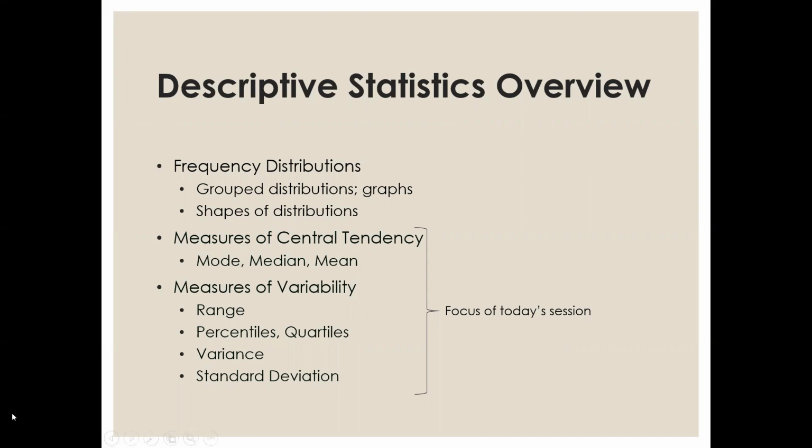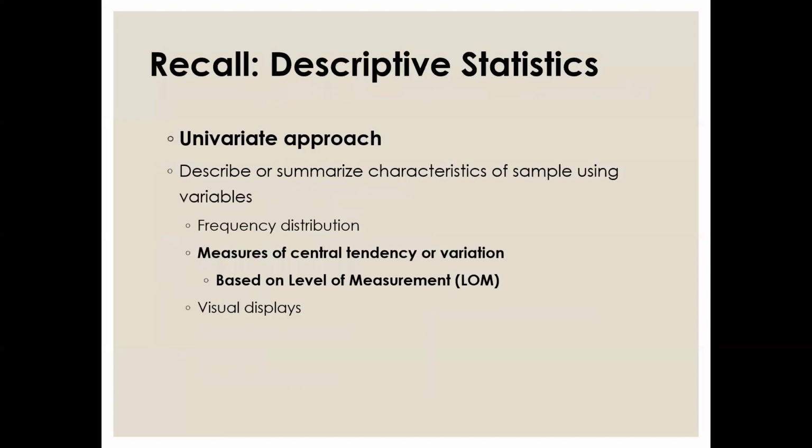Today, we're going to look at two approaches, two ways of describing data. We're going to talk about measures of central tendency, how close the data hang together, and measures of variability, how much the data scatter or how far apart the data are. That's what we're focusing on today.